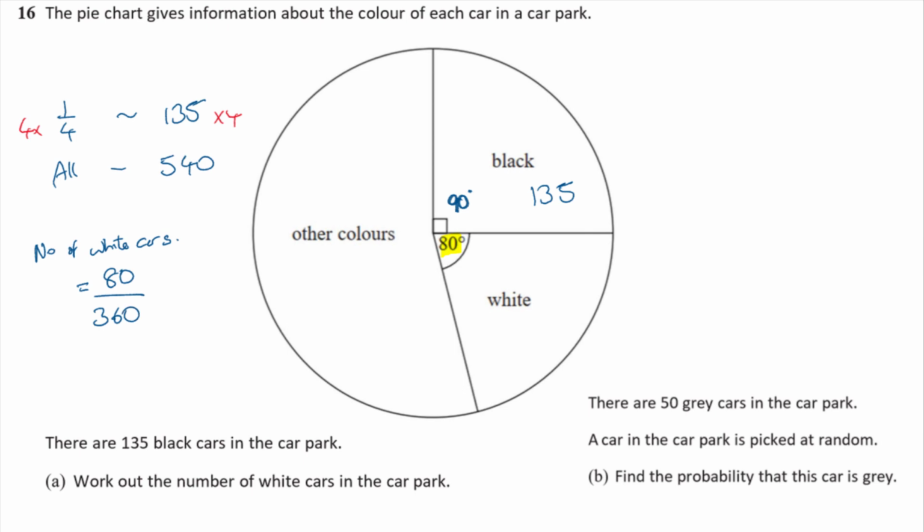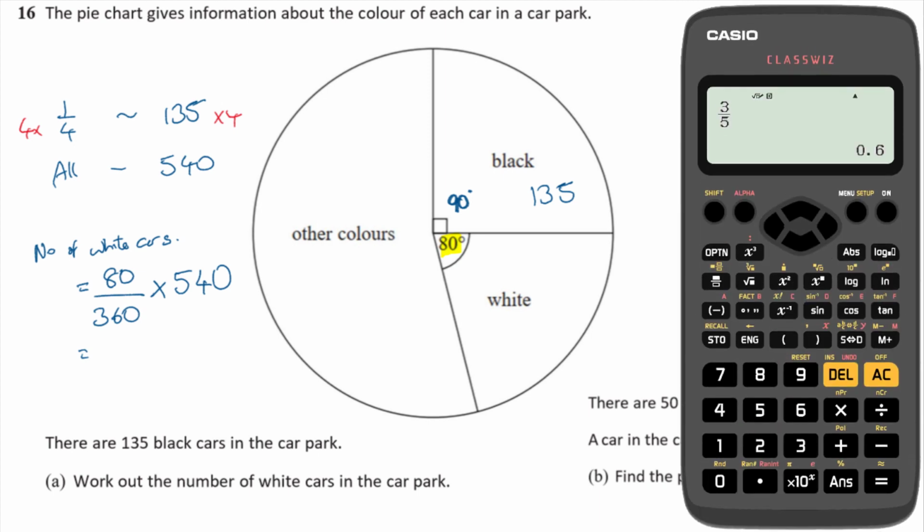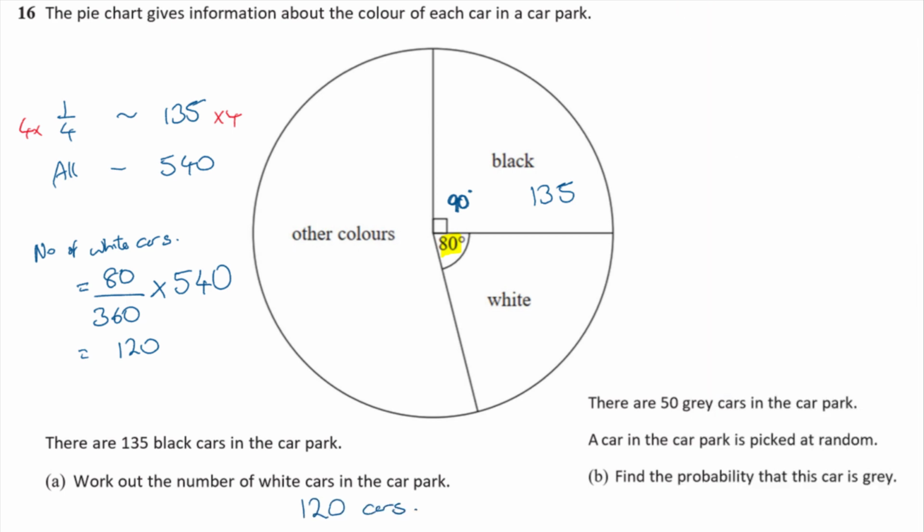That's the fraction of the circle that is represented by white cars, times by the total number of cars in the car park, which is 540. That should give me the number of white cars. Okay. So I'm going to type in 80 over 360 times by 540, and that comes out to be 120. So work out the number of white cars in the car park. There are 120 cars. Okay.